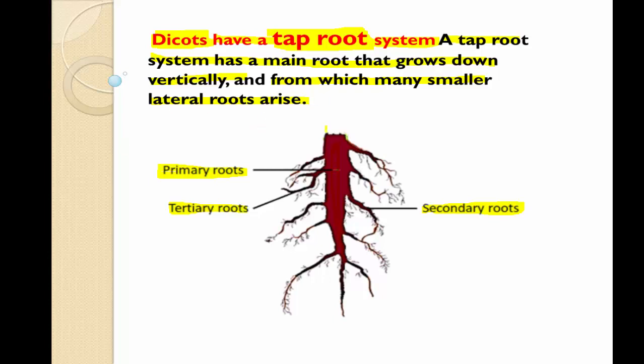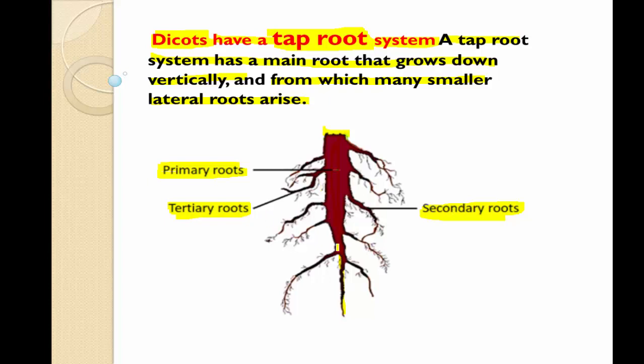The radicle grows into a thick prominent root in the middle. This is called the primary root. The primary root undergoes branching to produce the secondary root, and further the secondary root produces further branchings, which are called tertiary root. One more thing you need to observe in the diagram: the thickness of the primary root is comparatively more as compared to secondary and tertiary.